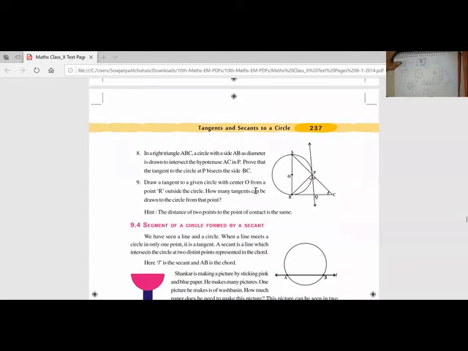Let us see this problem. In the triangle ABC, a circle with side AB as its diameter is drawn to intersect hypotenuse AC at point P. Prove that the tangent to the circle at P, this is the tangent, bisects the side BC.